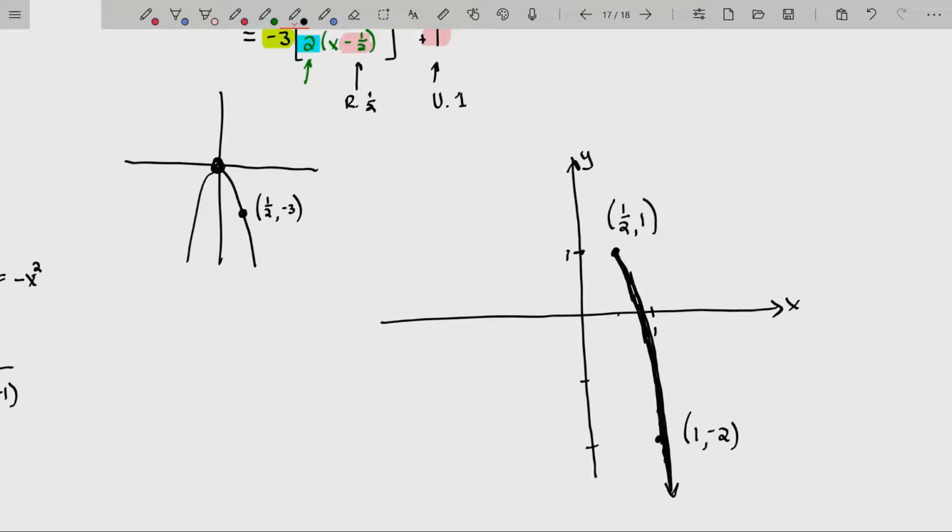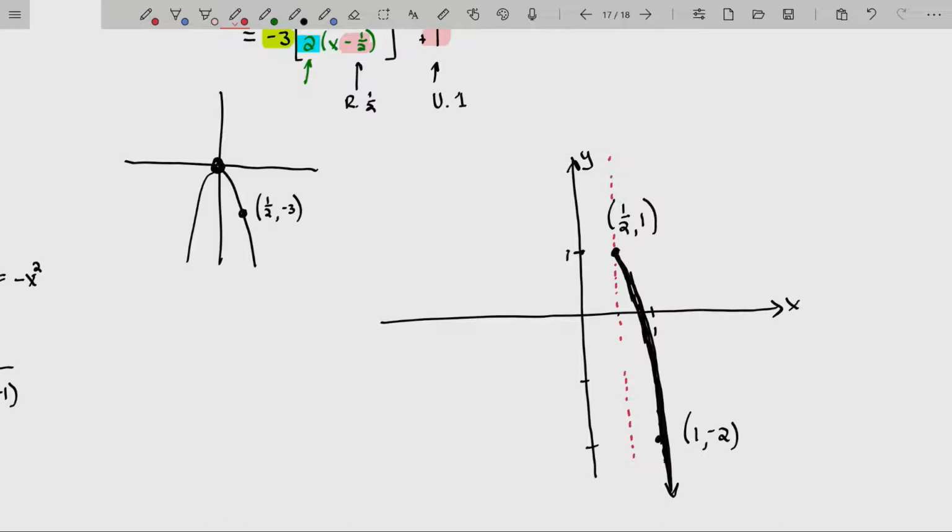Now, because this is an even function, because it's x squared, I know it's symmetric about the original y-axis. Now my y-axis, or I guess my axis of symmetry is what we'd call it, is no longer the y-axis. It's this vertical line right here. So it's symmetric about that vertical line.